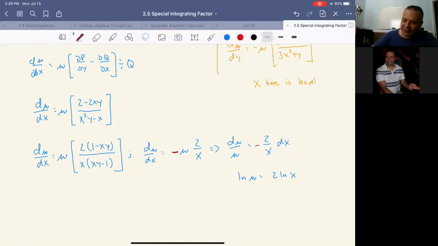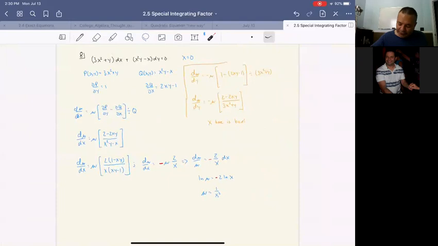It always helps knowing the answer beforehand. Okay, so the negative sign there. So mu is going to end up being 1 over x squared. So now this is our integrating factor.